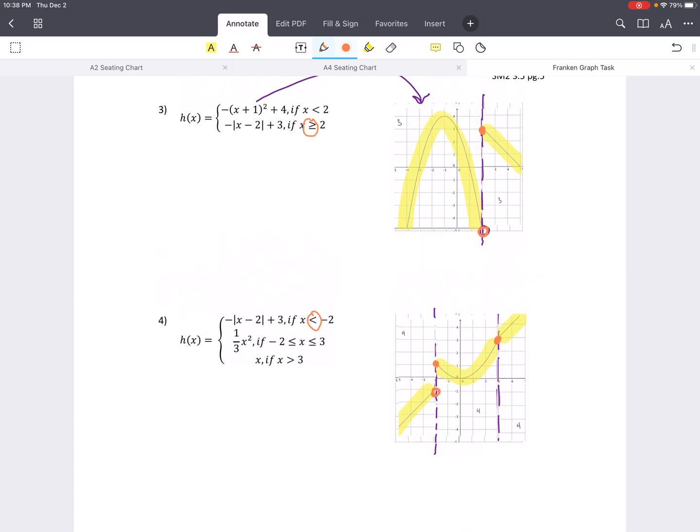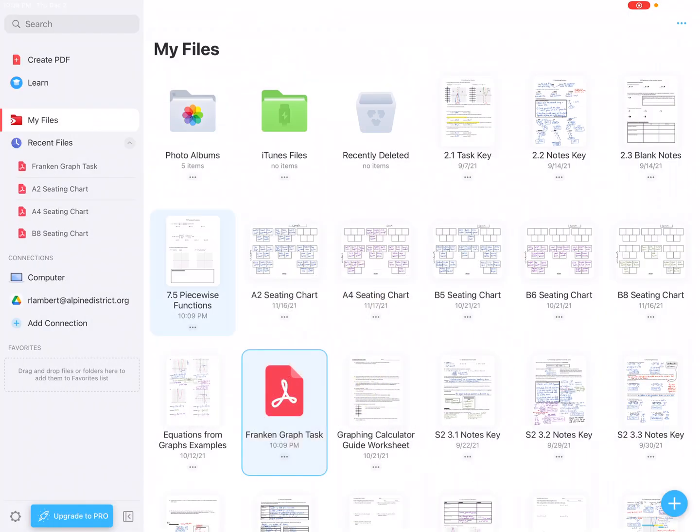So this is just the conceptual piece of what a piecewise function is, what's happening. We're going to get into the specifics of graphing them now. I just wanted you to see that.